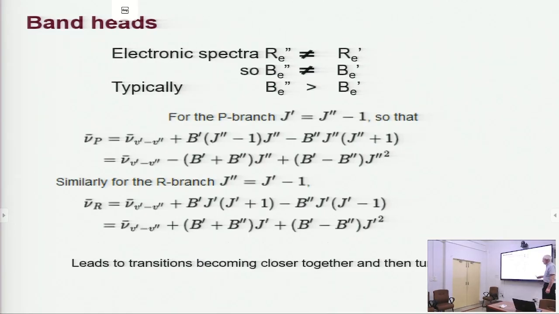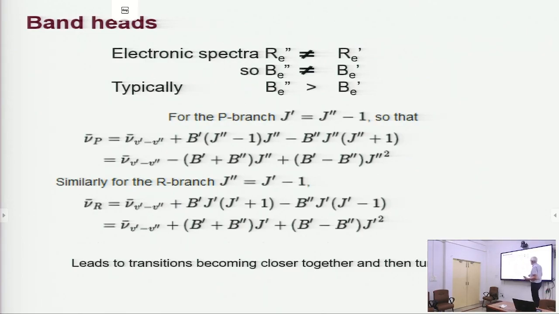So you end up with this structure where you have to consider the vibrational energy of the two states. So the change in the vibrational and rotational energy of the P branch is given by the energy transition from your lower state to your upper state. So this is electronic energy plus the vibrational energy.